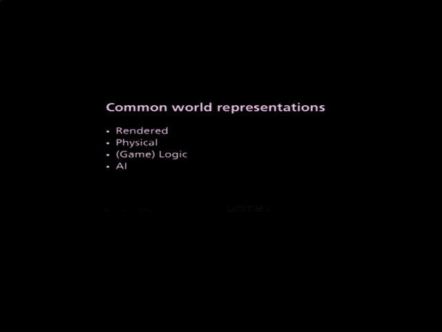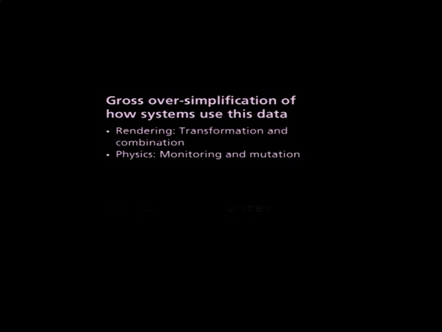And now, please excuse me while I grossly oversimplify how that data is used. So rendering uses transformation and combination of the given data. Physics uses monitoring and mutation. Yeah, it was hard to come up with a one-line thing for that. But game logic, generally that's flow management, because you kind of have a defined flow of your game already.